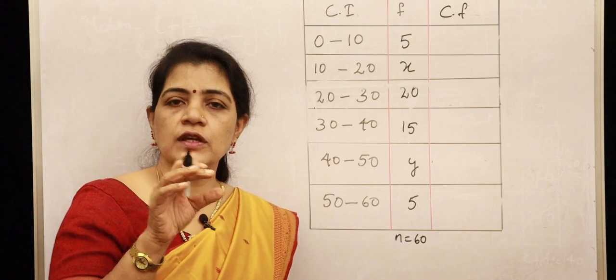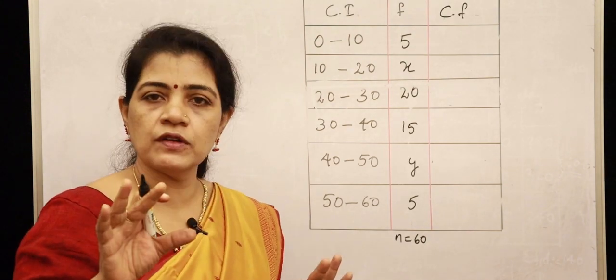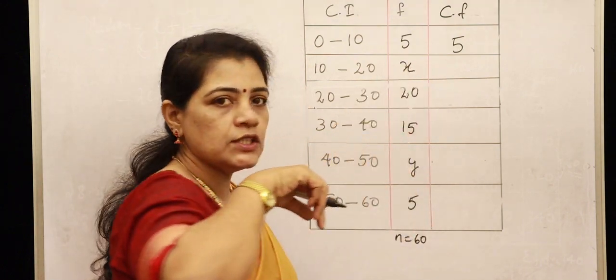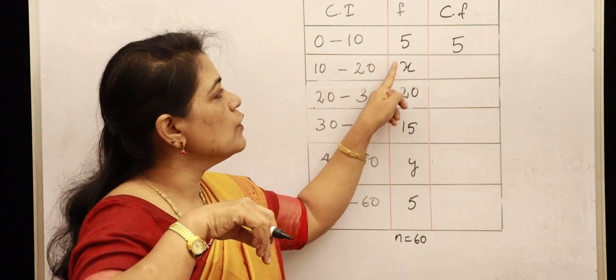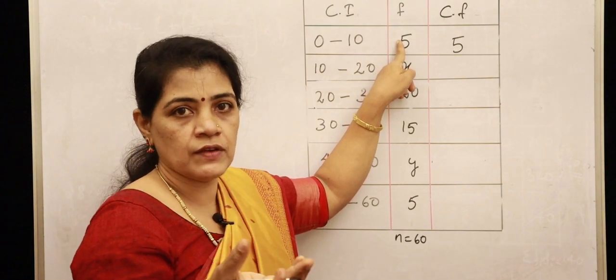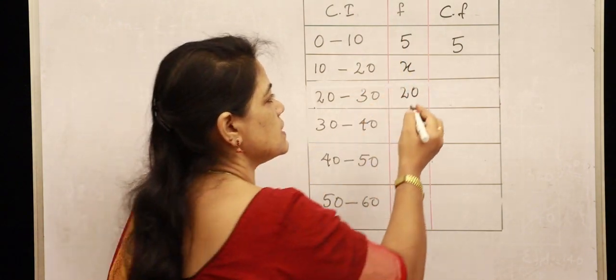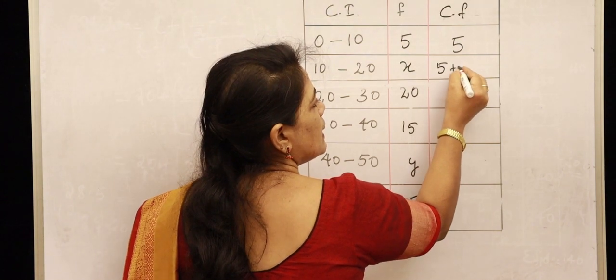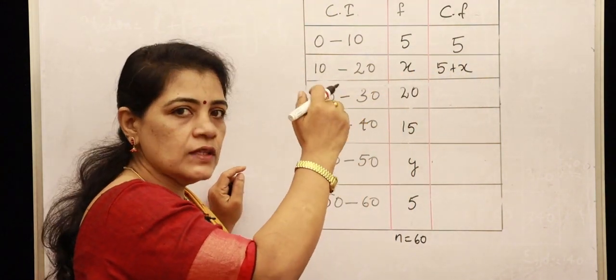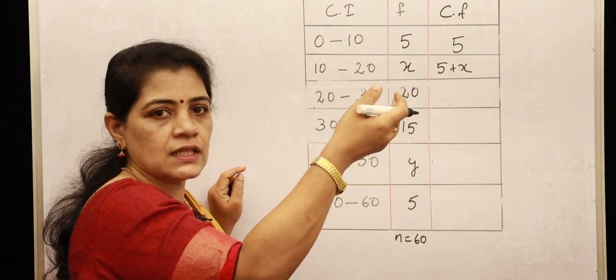The cumulative frequency of the first class interval will be the frequency itself, that is 5. And in order to get the second cumulative frequency, we add this frequency to the frequency of the previous class, that is 5 plus x. Each class interval's frequency should be added with the previous frequencies in order to get the CF.